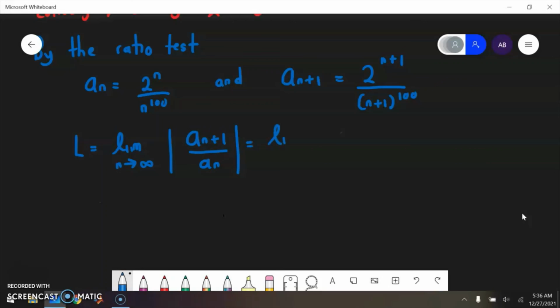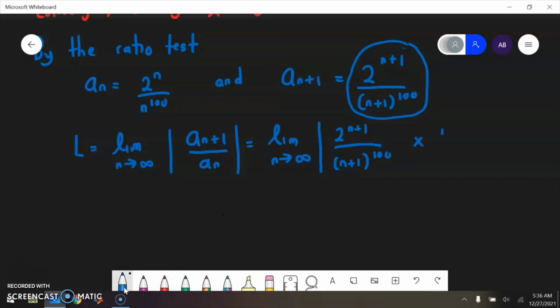That gives you limit n approaches infinity, with this term for an plus 1 and n to the power of 100 divided by an. So I'm just going to swap the denominator with my numerator.